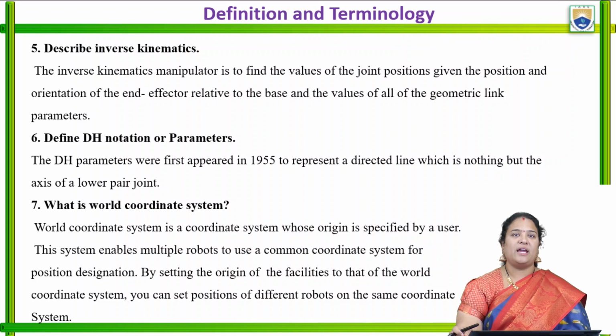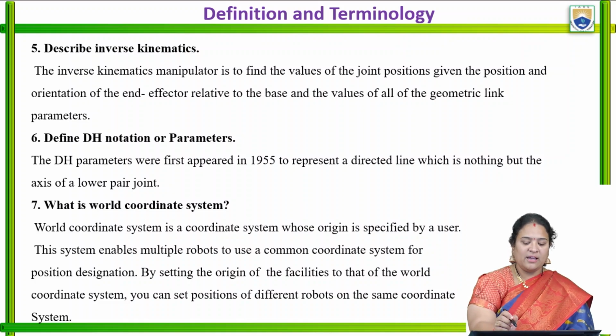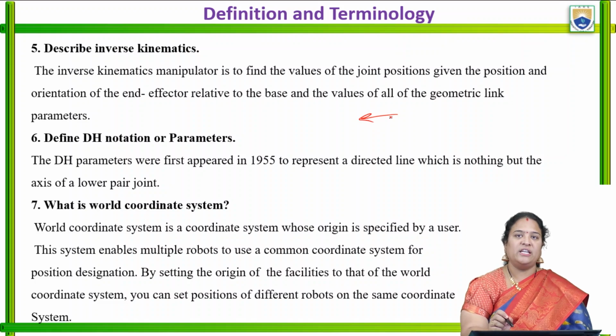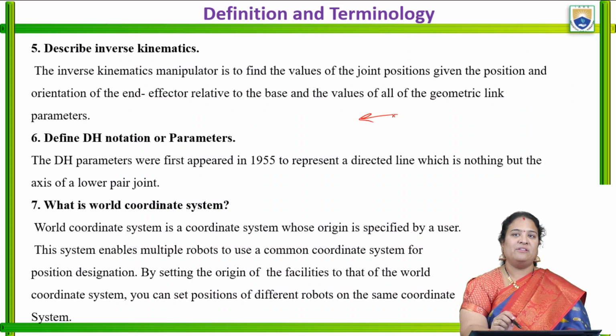Next, what is inverse kinematics? This gives the values of the joint positions given the position and orientation of the end effector relative to the base and the values of all the geometric link parameters, that is, moving in the reverse direction.